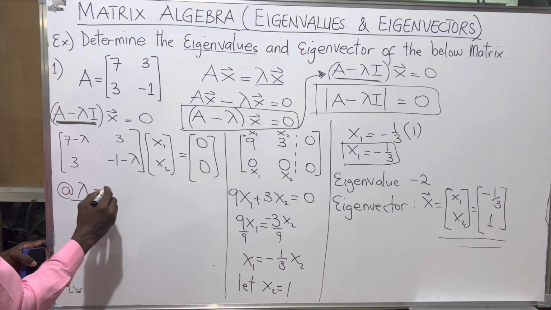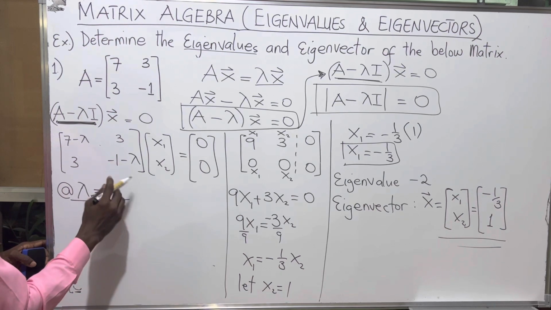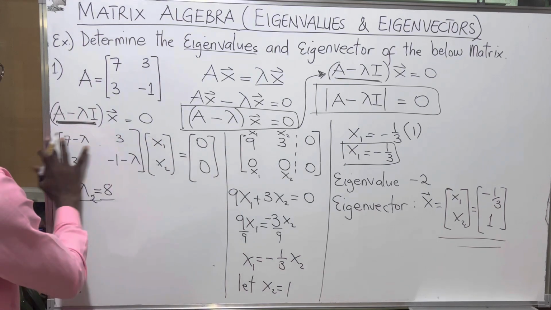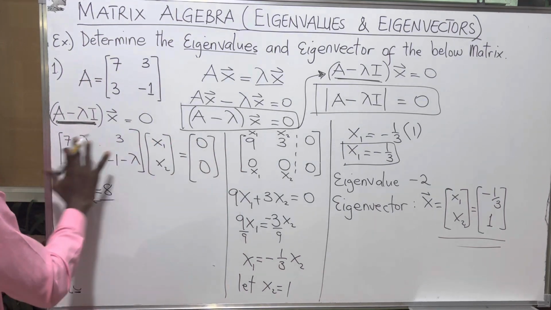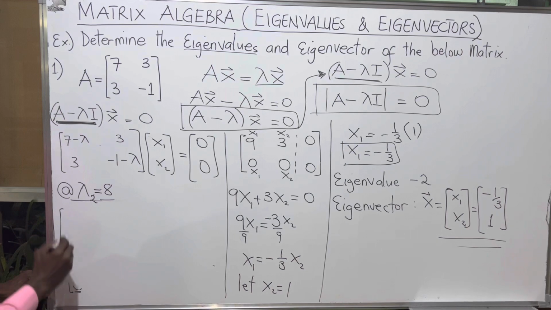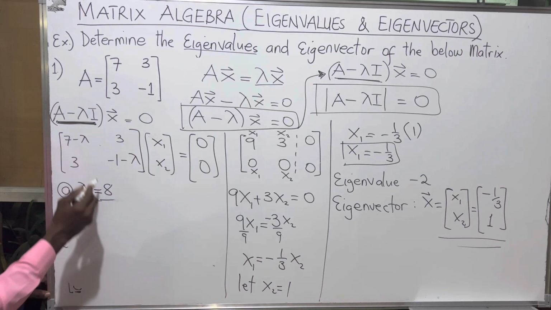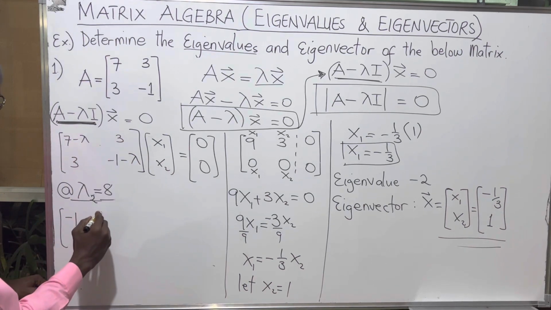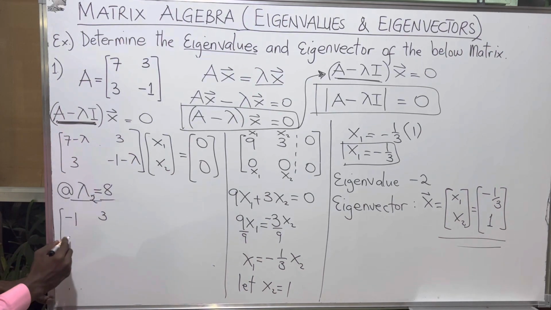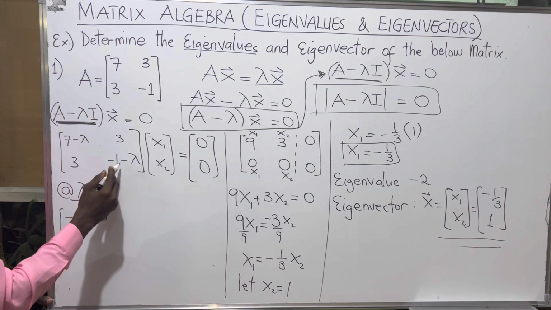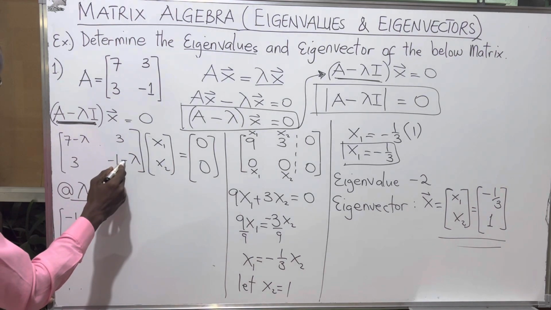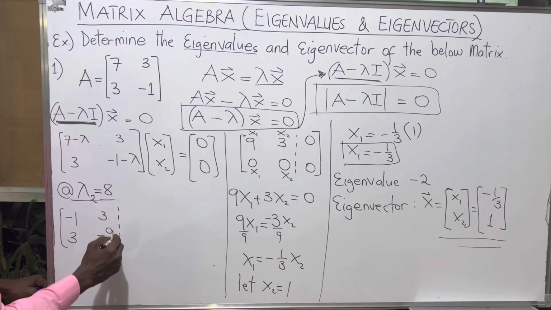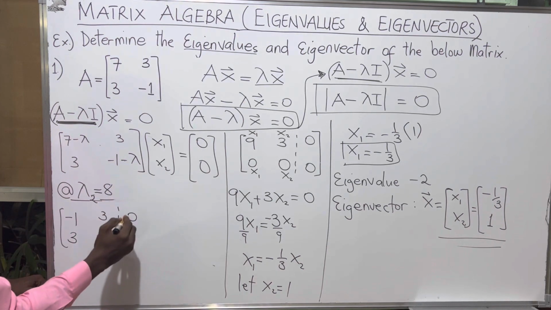So lambda 2 now is positive 8. We're using the same operation. So we have 7 minus 8 is just minus 1. And then this is 3. This one now is 3. This is minus 1 minus 8, which is just minus 9. So we just write the 0 and the 0.